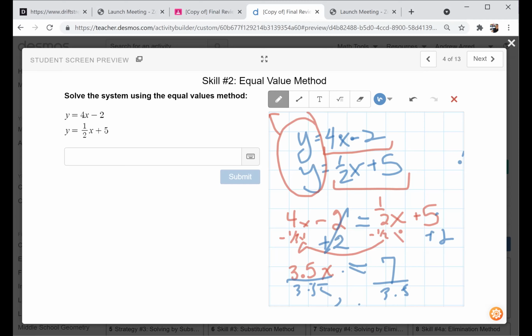You guys, how many 3.5s go into a 7? 3 and 3 is 6. 0.5, 0.5 makes one more. So that's 2. x equals 2.